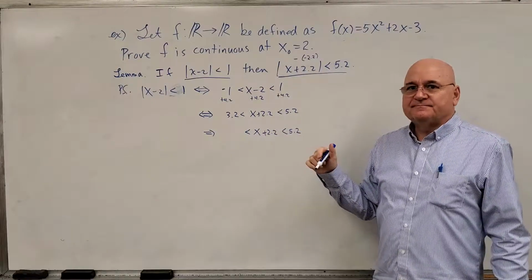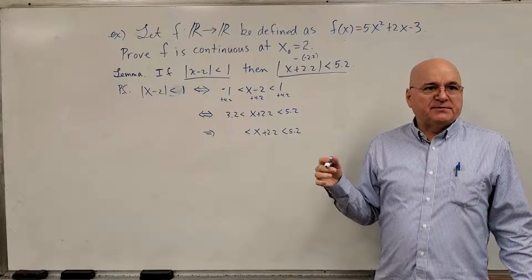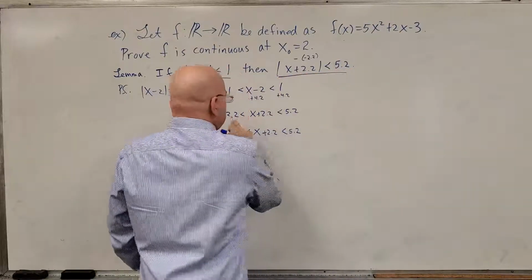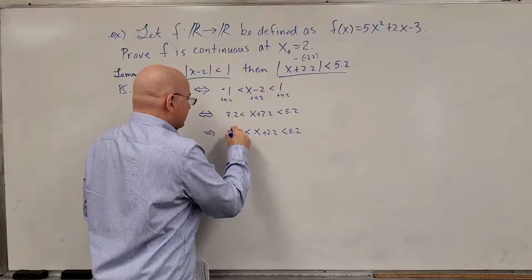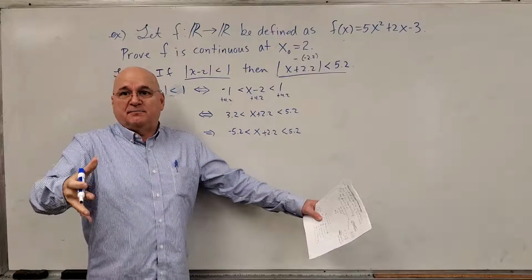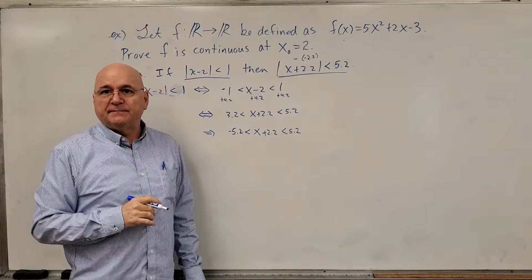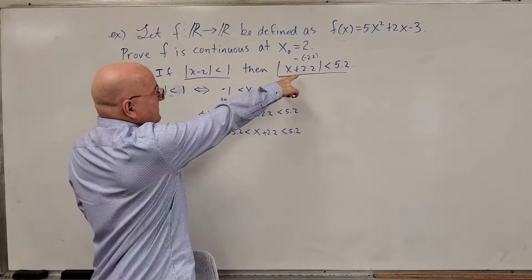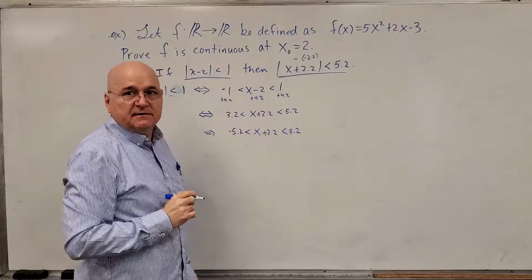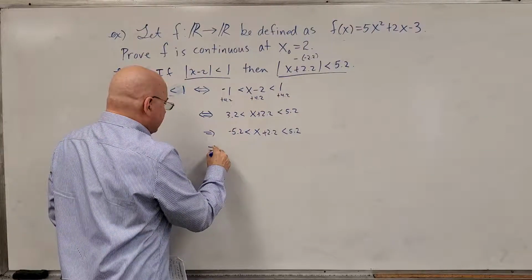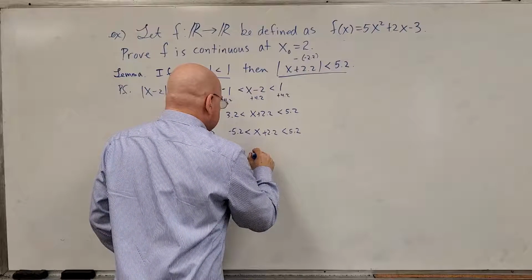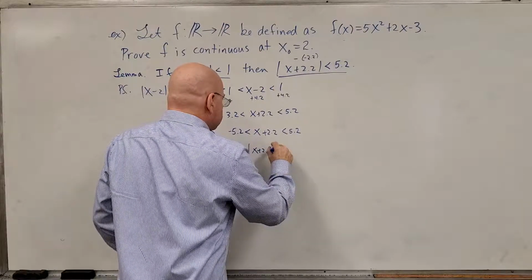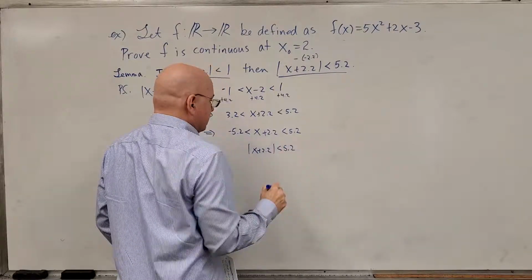Any idea? Negative 5.2. If it's between 3.2 and 5.2, then certainly it's also between this, the bigger interval here, right? And I did it this way because now I can jump right to this definition. That exactly means that x plus 2.2 in absolute value is less than 5.2.